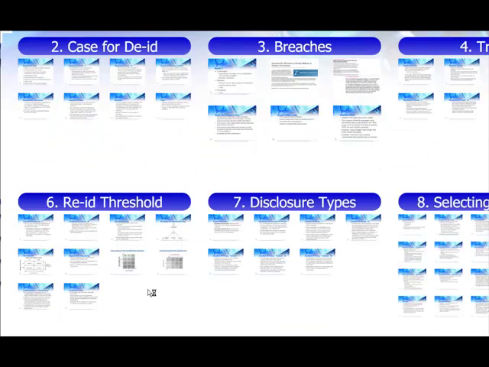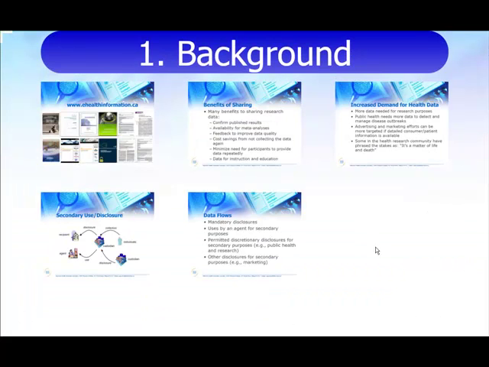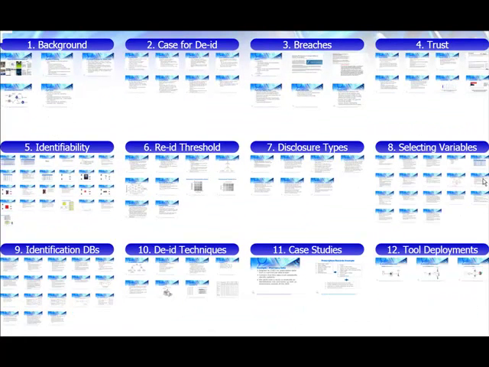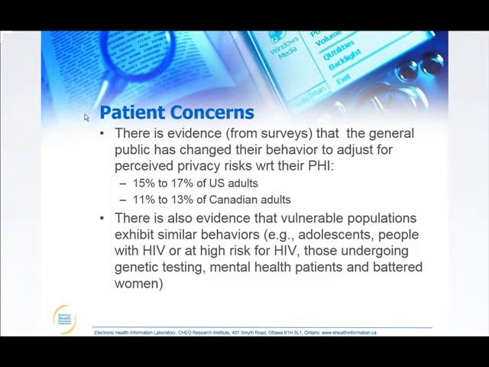The other important factor to consider is trust. Again, when disclosing data that hasn't been anonymized, or where the patients have concerns over privacy, there's evidence that patients change their behavior.